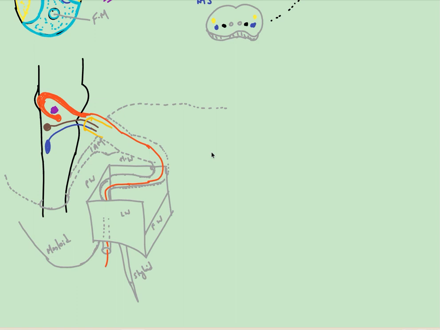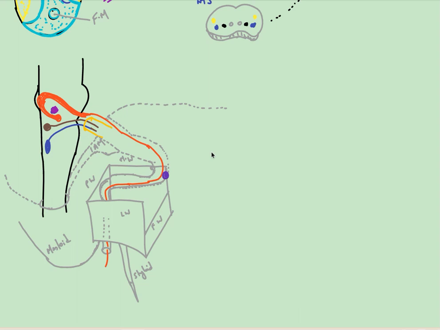Now remember that there is another thing you should know. Inside this facial canal, where it bends, lies a very, very special ganglion. You can see it, right? Where it is bending, this ganglion is called the geniculate ganglion.